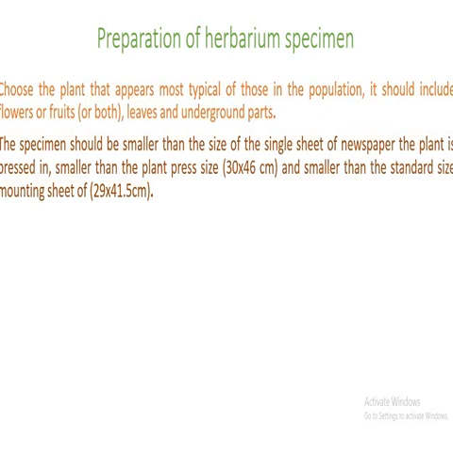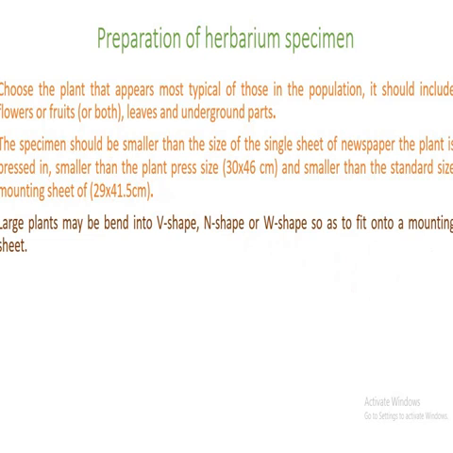You should also ensure that if you have a large plant and you want to collect it so that it is representative enough, you make the plant into a bend. You bend it into either a V shape, an N shape, or a W shape for this particular plant specimen to fit onto the standard mounting sheet.